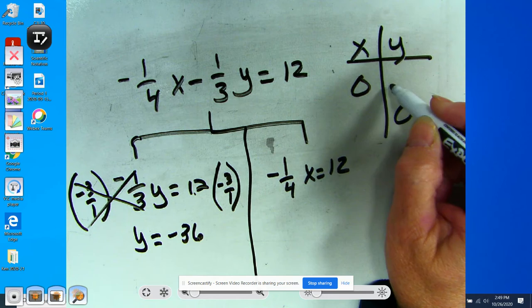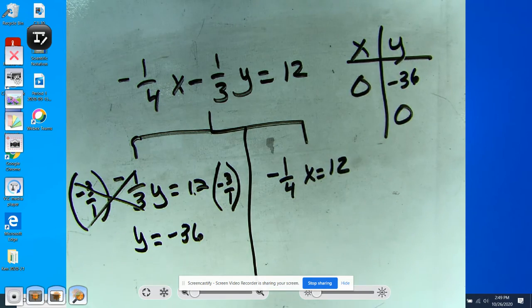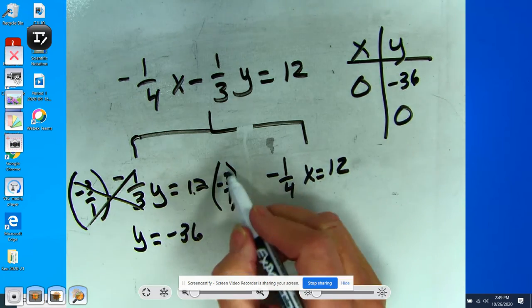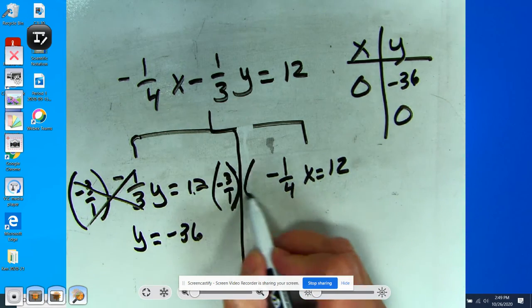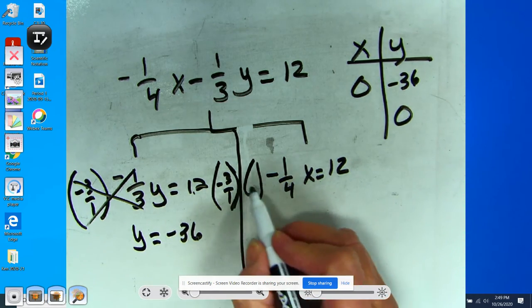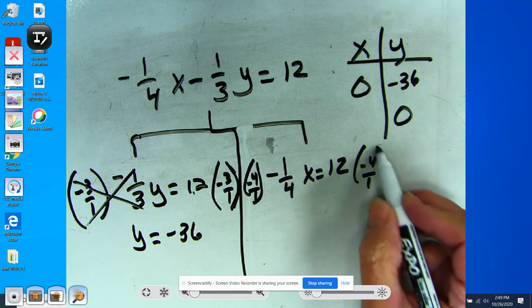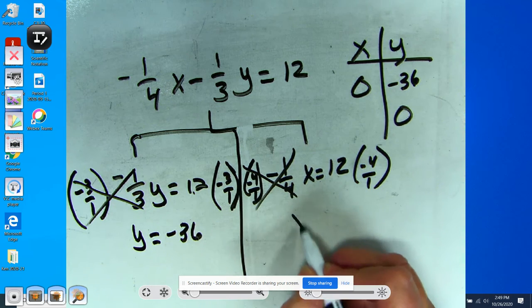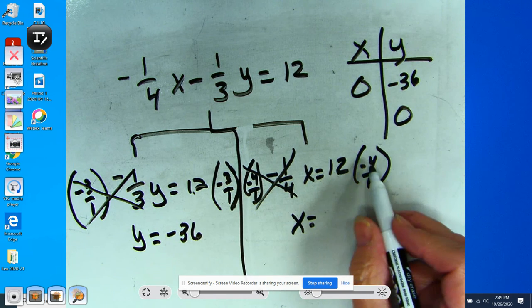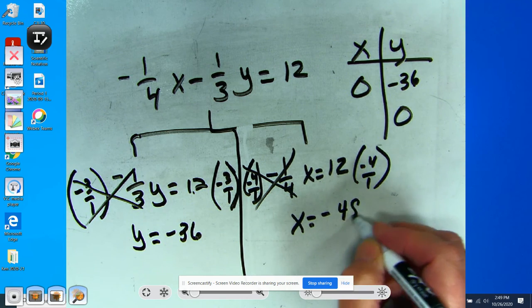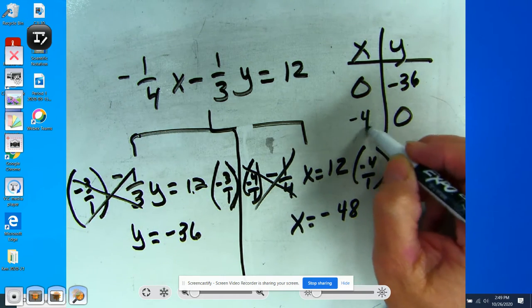It has to go here, negative 36. Come over here, do the same thing. Multiply by the multiplicative inverse, and the multiplicative inverse of negative 1/4 would be negative 4/1. Cancel, cancel. X equals positive times a negative is a negative, and 4 times 12 is 48. So this would be negative 48.